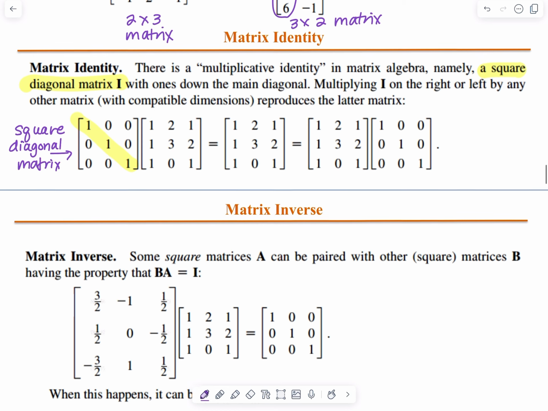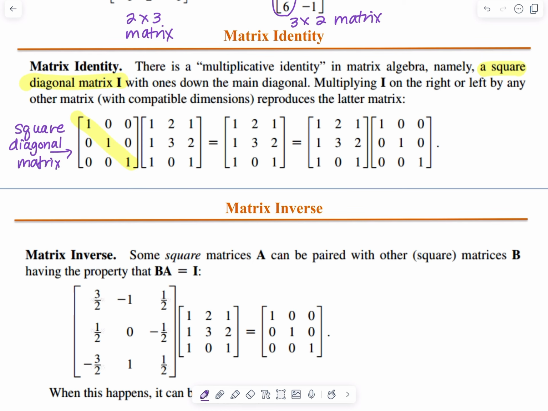And you can see we have ones going down that main diagonal.